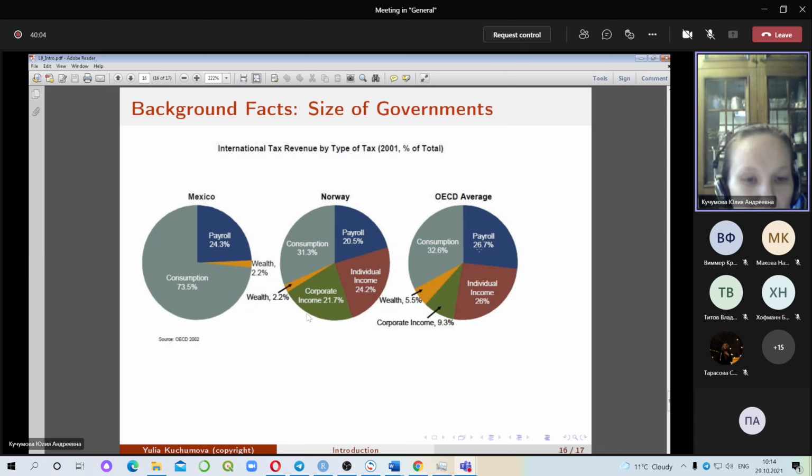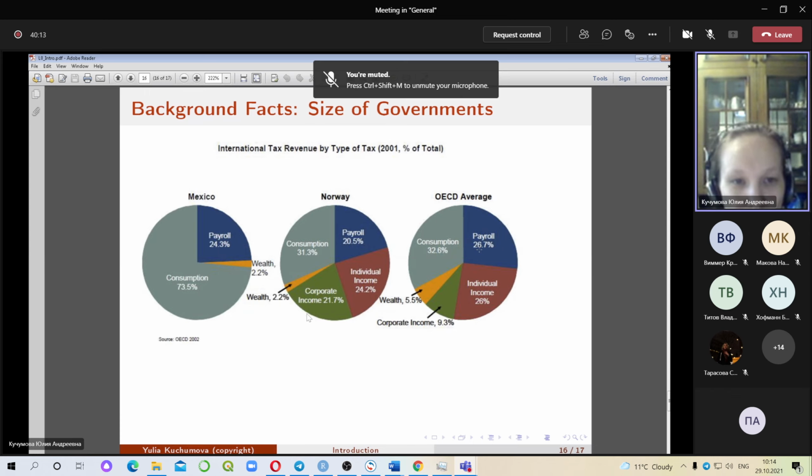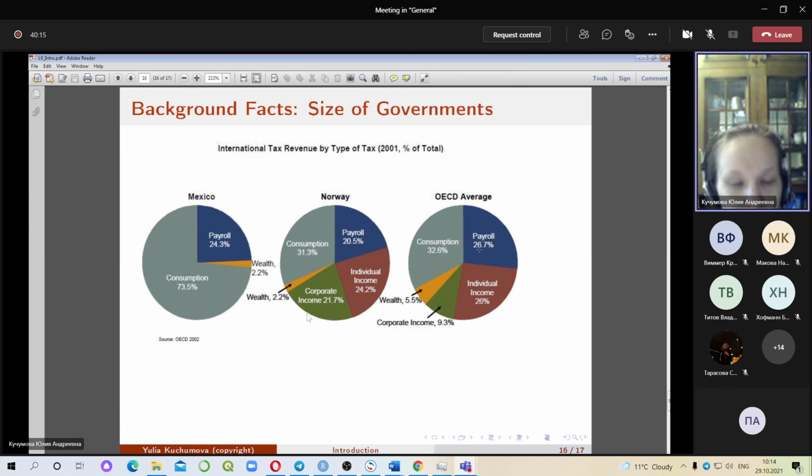And here, in your homework one, you will have a task to construct your own pie chart for Russia, to learn by yourself where we are in comparison with other countries.